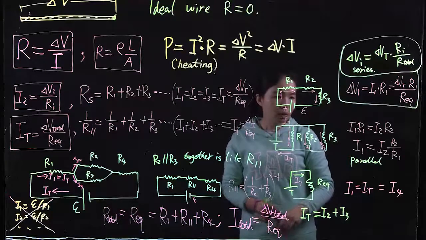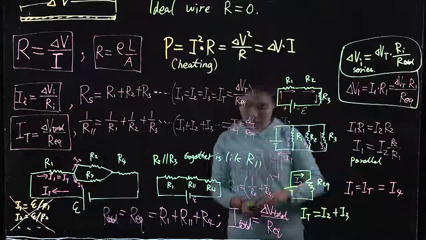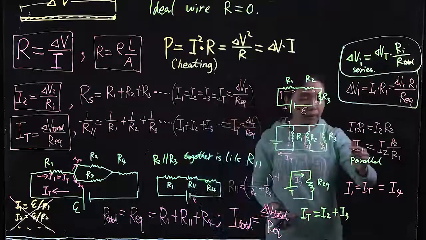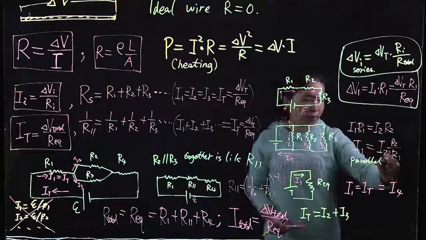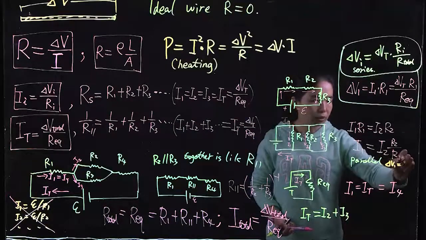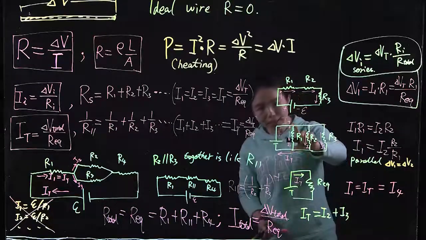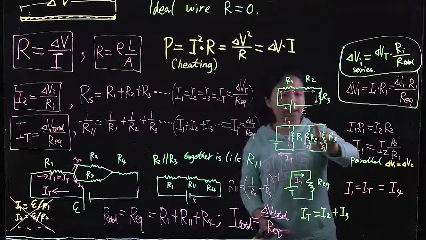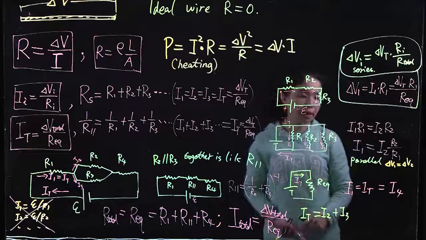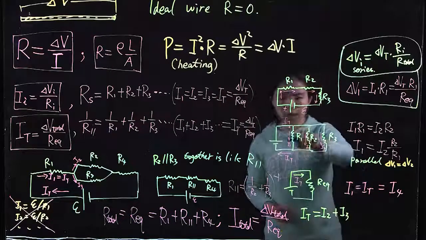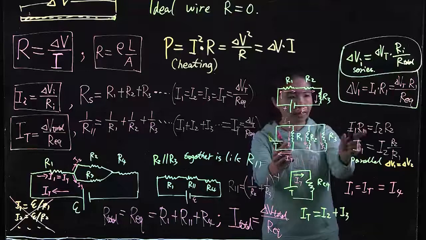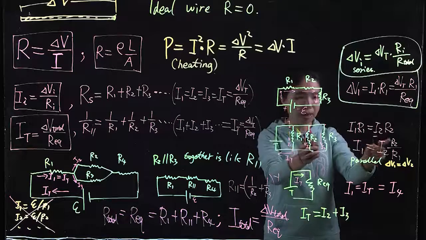As a result, when they are in parallel, something extremely important is that delta V1 equals delta V2. The voltage across this one is equal to the voltage across this one is equal to the voltage across this one. So the current I1 multiplied by R1 equals I2 multiplied by R2.